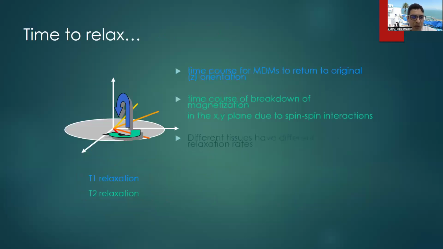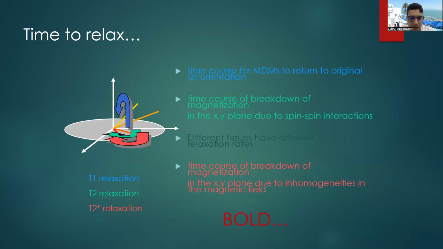So it's really to measure the time of relaxation, the T1 relaxation. There is also the T2 relaxation, and there is the T2 star relaxation. The T2 star relaxation is what affects the blood contrast.